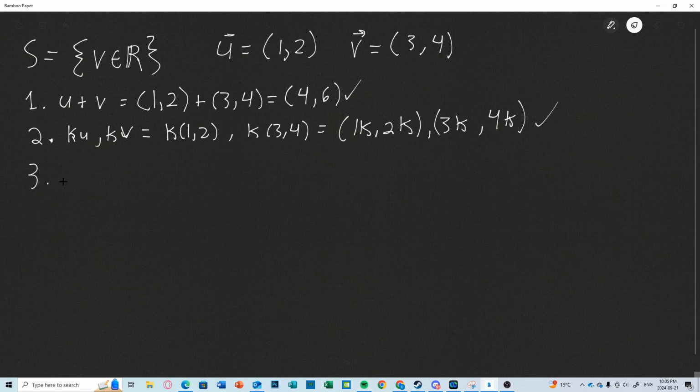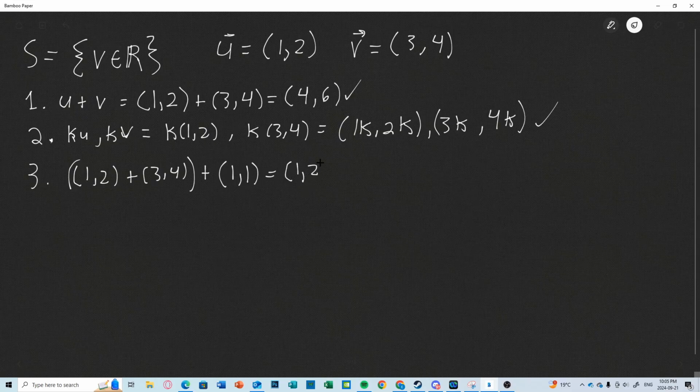Next up, we're going to test associativity of addition, which is (u plus v) plus w equal to u plus (v plus w). Our u is (1, 2), and we're going to add (3, 4). As long as we pick another vector in the same space, which we'll say is w, (1, 1) for this example, we just have to make sure this is equal.